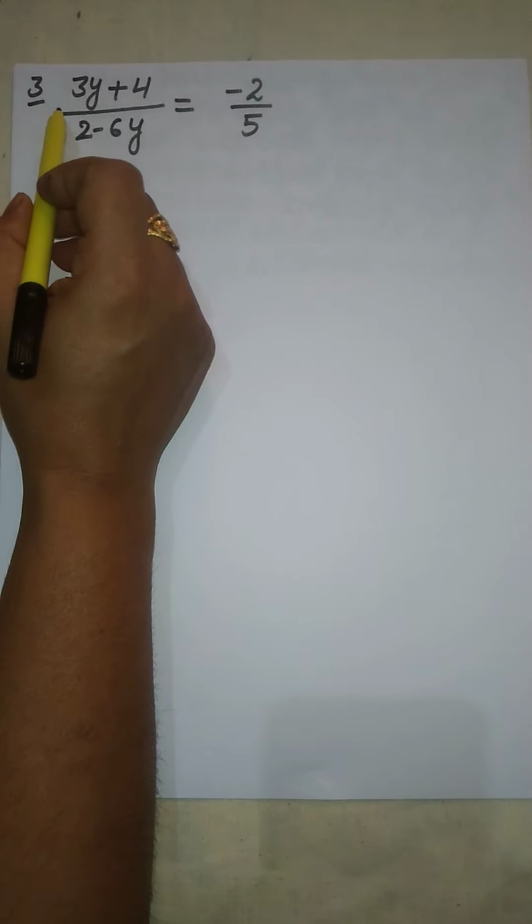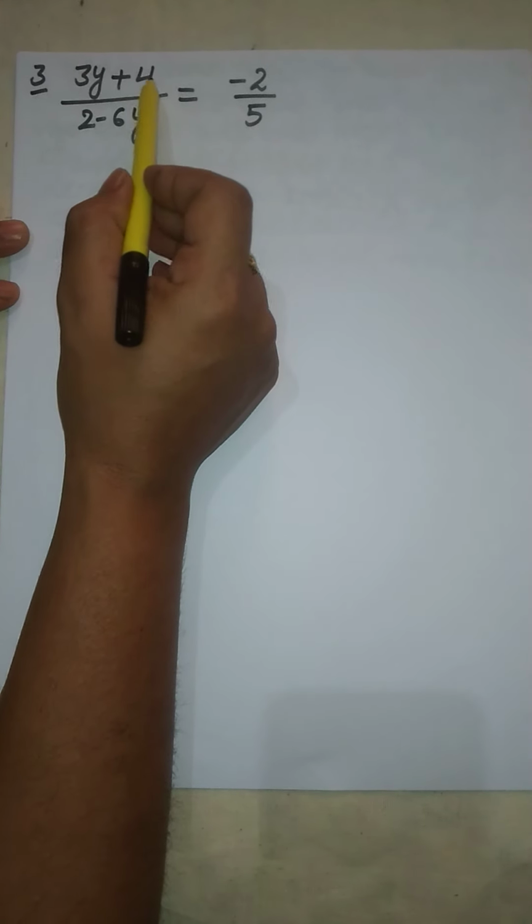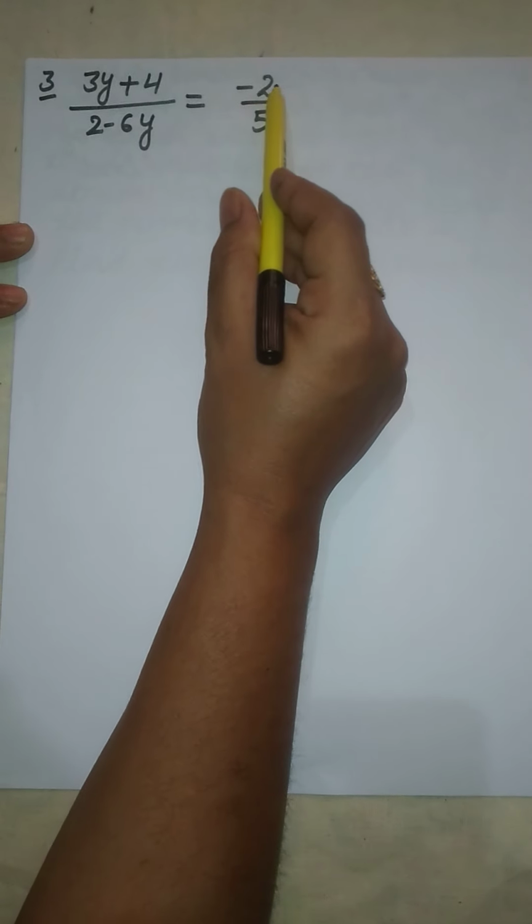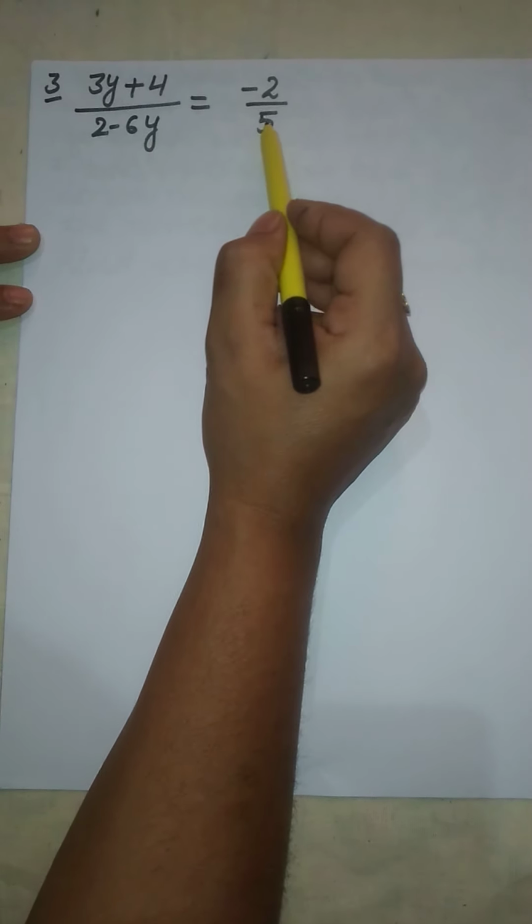Question number 3. (3y plus 4) upon (2 minus 6y) is equal to minus 2 upon 5.